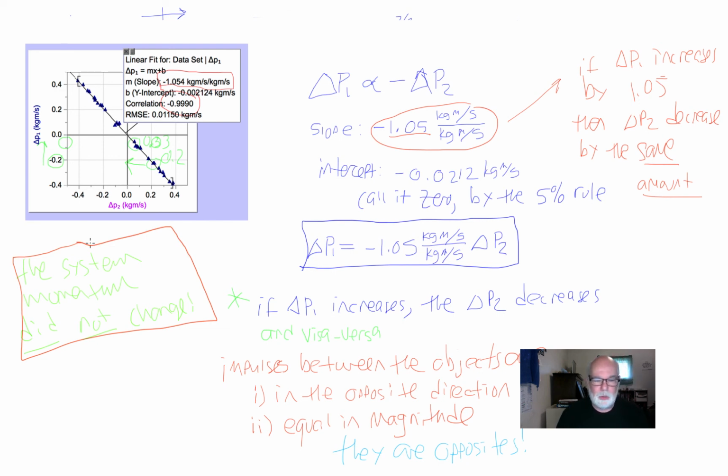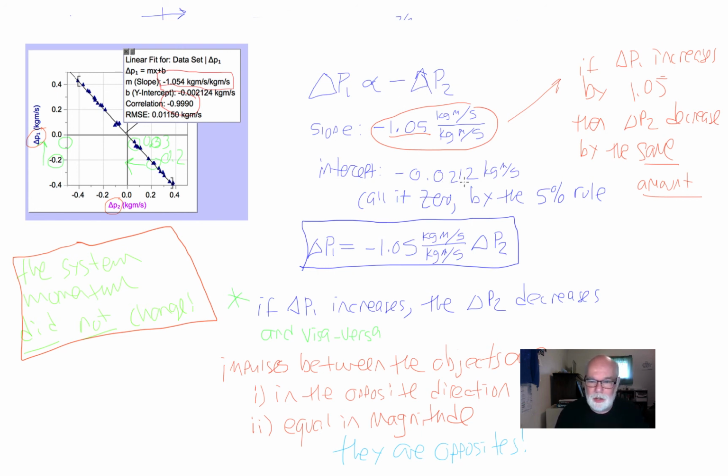So, just to recap really quickly, you correctly calculated the change of momentum of each cart, and once you did that, you plotted them on a delta P1 versus delta P2 axis. When you did that, you got a linear graph with a negative slope, which told us that the impulses are proportional to each other. Or I should say the impulse of one is proportional to the negative impulse of the other. The slope turned out to be a number very close to 1.